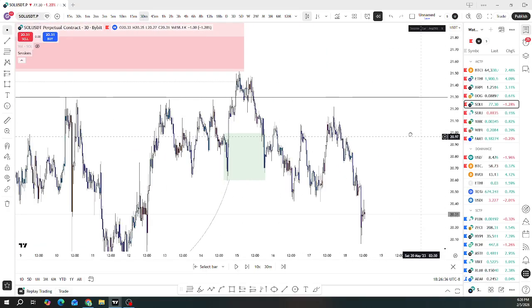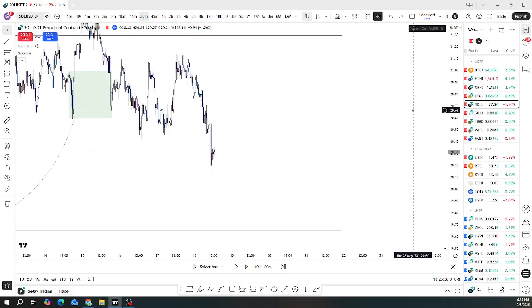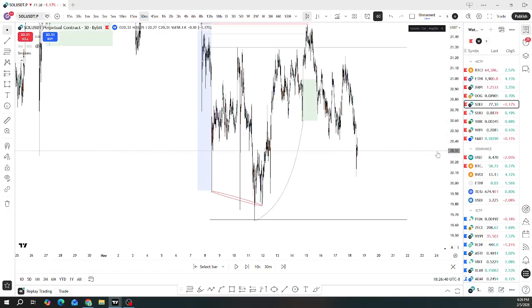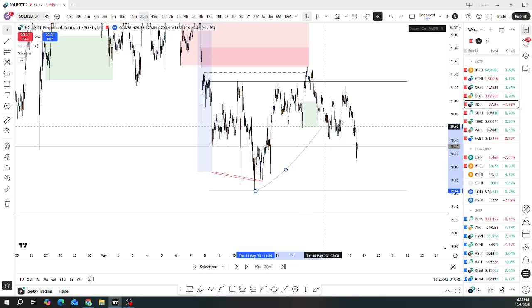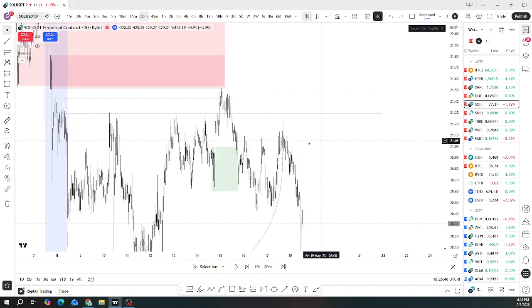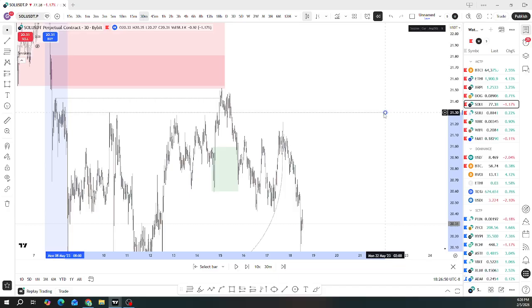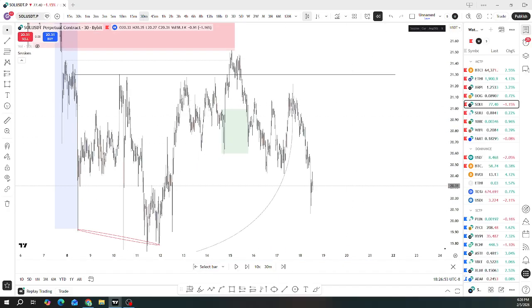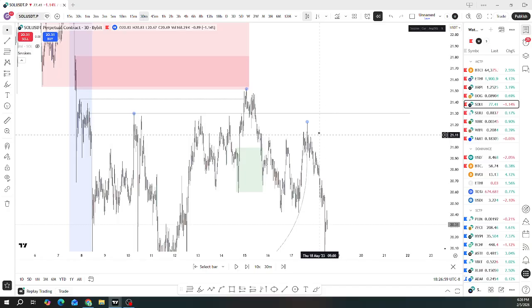Pretty clean POI, actually. Huh. Wasn't really looking at it from that perspective. Don't usually trade the distribution to accumulations. But I was looking at it from the market maker continuation model perspective. Curious to see if that works now.